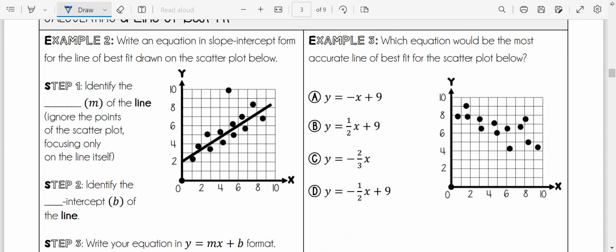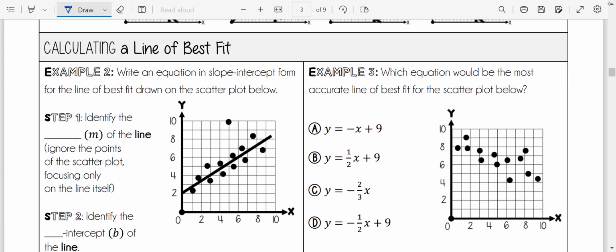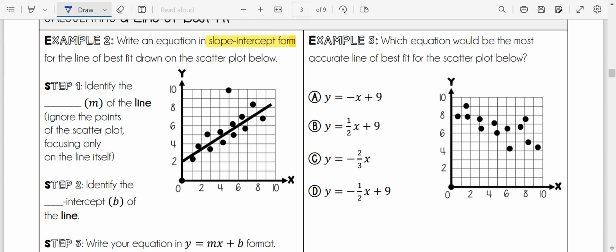Okay, next we're going to talk about calculating the line of best fit. As we can see, for example 2, it says to write an equation in slope-intercept form. Remember, that's y equals mx plus b for the line of best fit of the scatter plot. For the first one, they've already given us the scatter plot and they've given us the line of best fit.